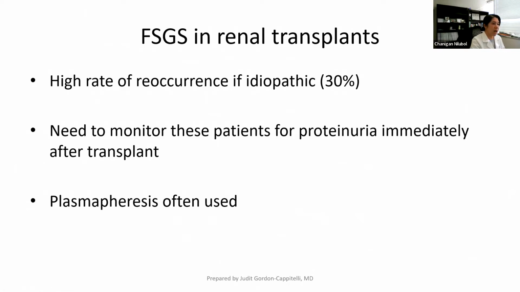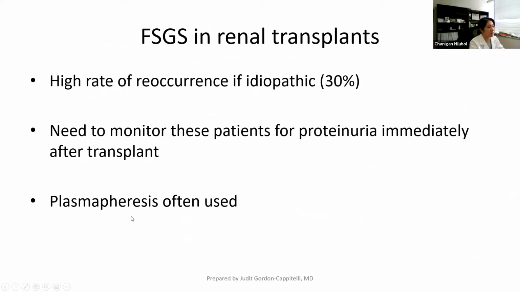And it can happen pretty fast, pretty much the day after the kidney transplant, if they were to have recurrence. So we monitor these patients pretty closely for proteinuria. It gets a little tricky if the patients get transplanted before they lose all their kidney function, because they would have urine from their new kidney and still have urine from their own kidneys. But regardless, we monitor closely after the transplant.